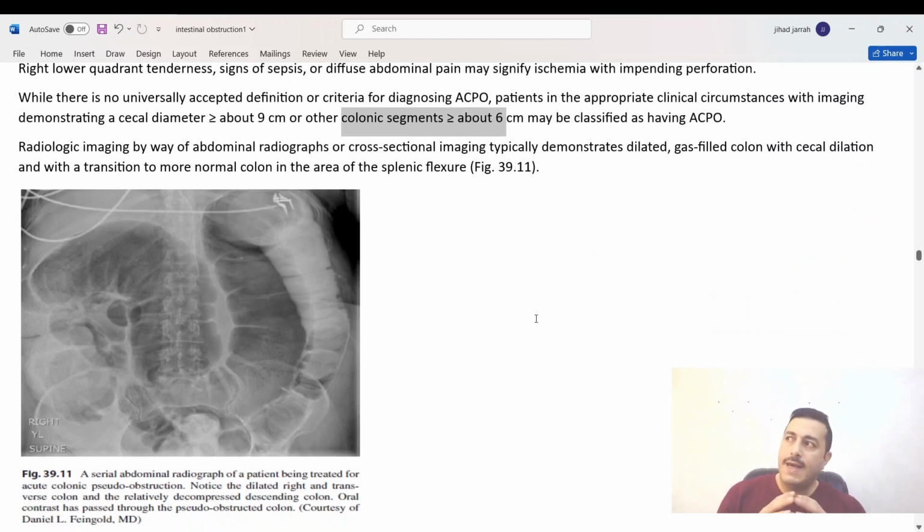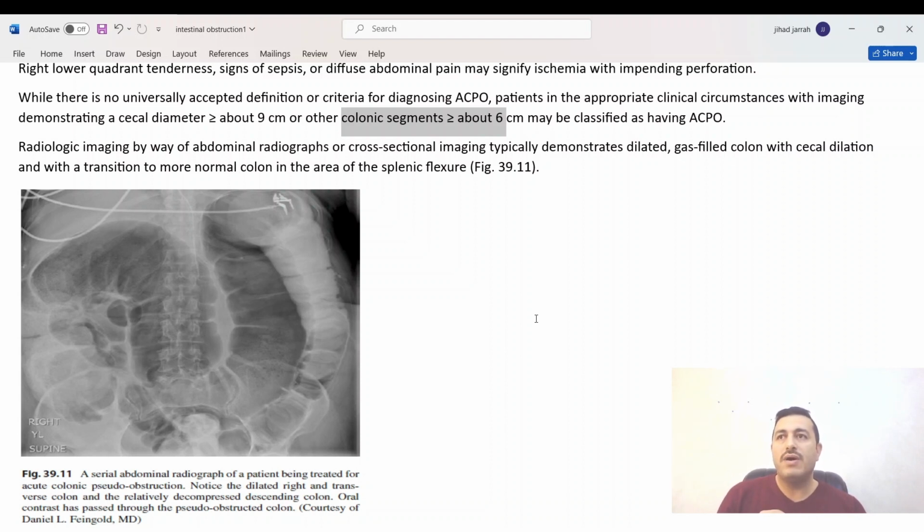Actually, we will see in the next few seconds that the autonomic innervation of the bowel has a transition point in the splenic flexure, and this supports the theory about colonic pseudo-obstruction.